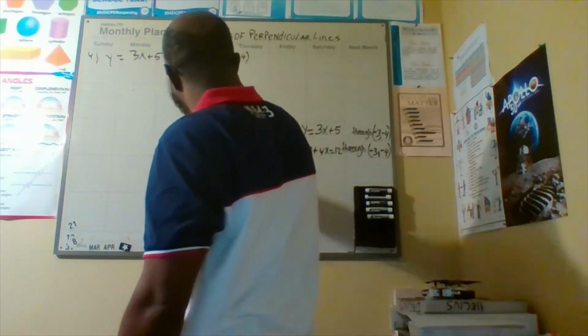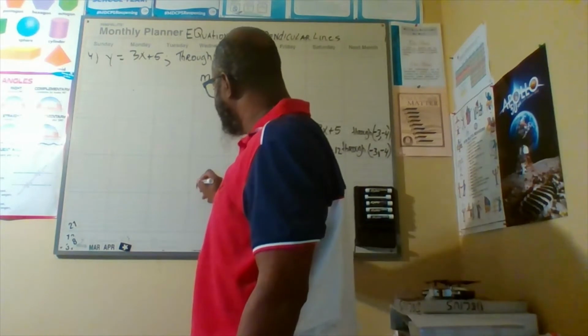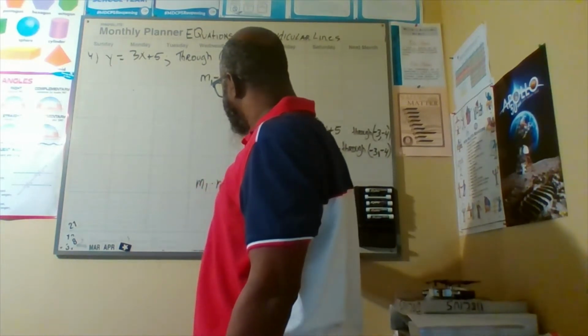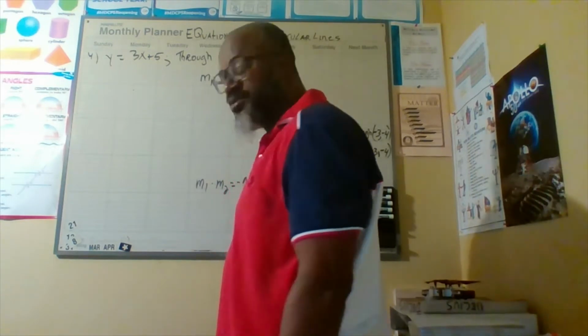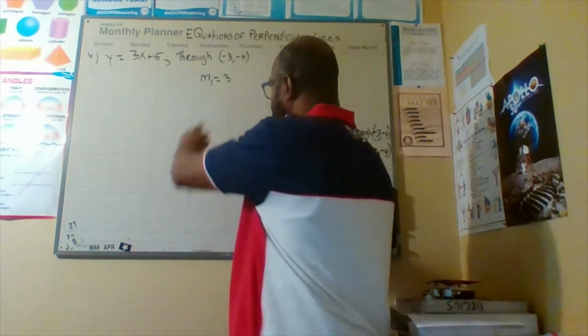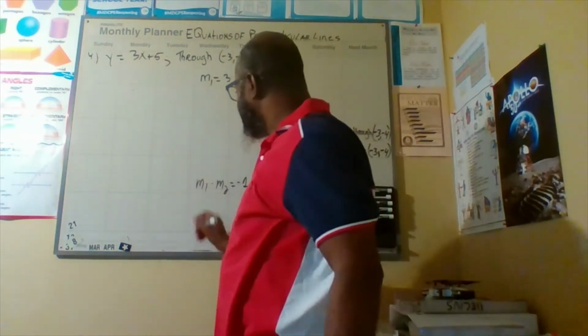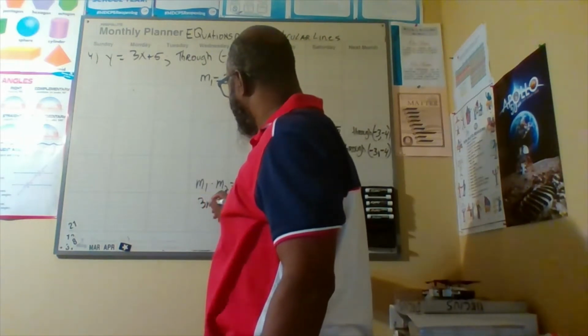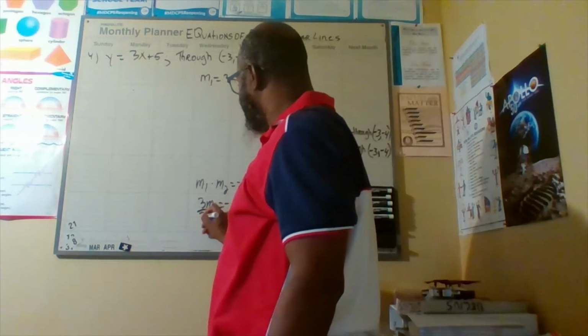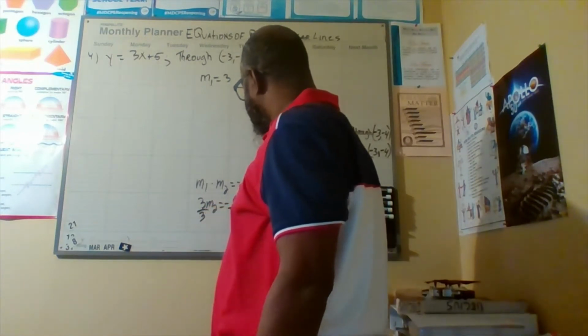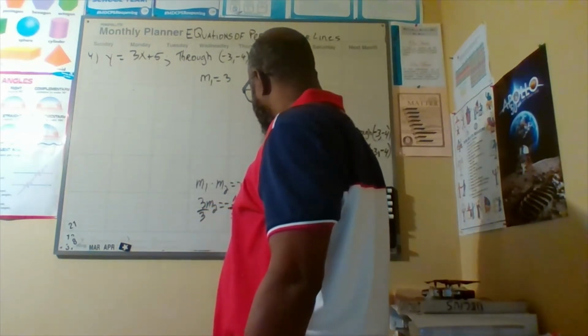So I'm going to look for m2. m1 times m2 is equal to -1. The product of these must be equal to -1. So since the slope is 3, 3 times m2 is equal to -1. Then divide by 3. In this case, slope 2 is -1/3.